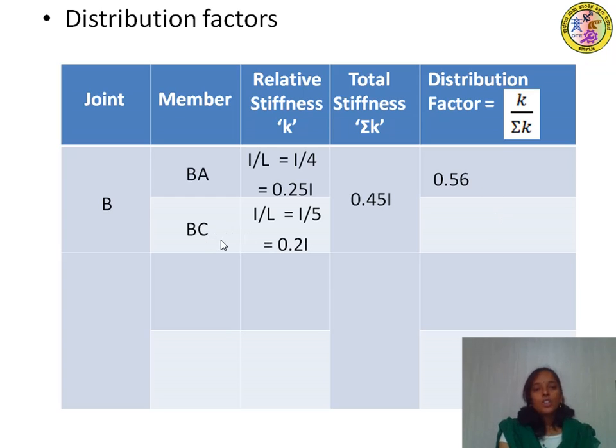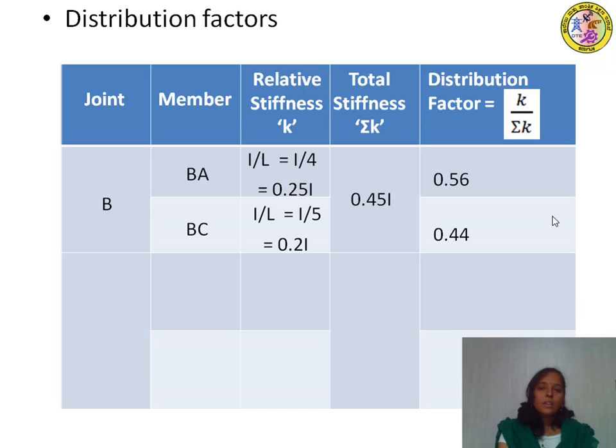Then the distribution factor for member BC will be equal to the ratio of relative stiffness for member BC, 0.2 I, to the total stiffness, 0.45 I. Therefore the distribution factor is 0.44.